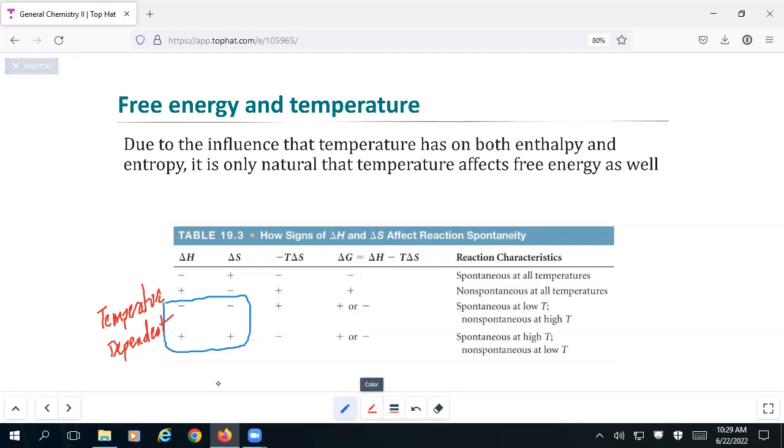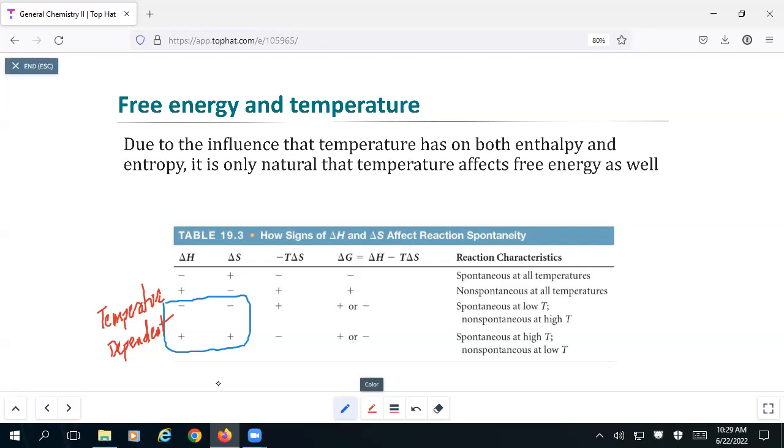And when our reactions are temperature dependent, we can determine what the value will be for that temperature that will ultimately flip it in favor of the reaction or out of favor with the reaction.